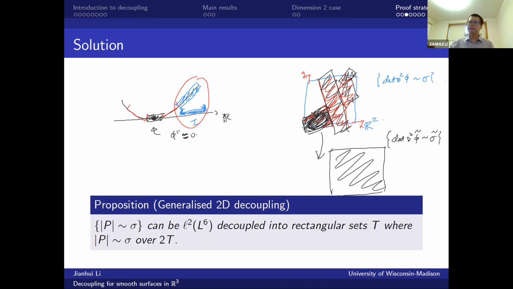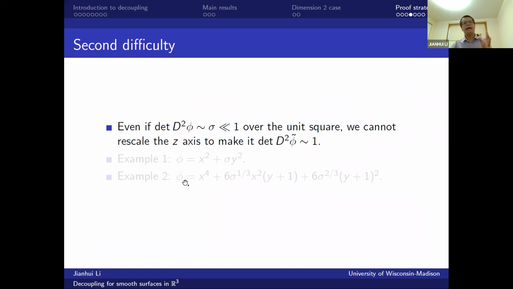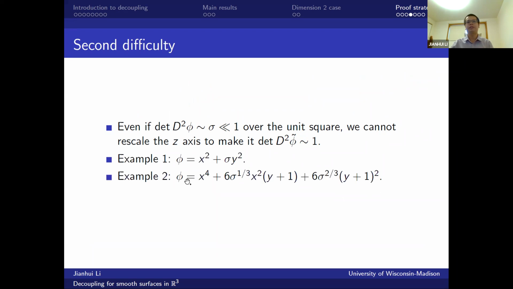But unfortunately, there is still another thing we need to take care of. Like in the previous case, if it were an interval, you stretch it to the whole unit interval. There is only one direction. And so if the Hessian determinant is small, then you can rescale the ZS's. But now, unfortunately, in 2D, it is not the case. You can consider these two examples.